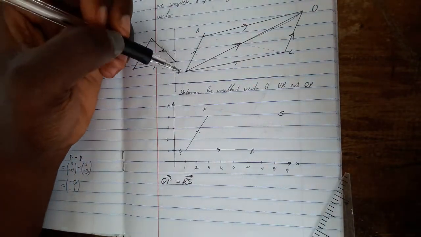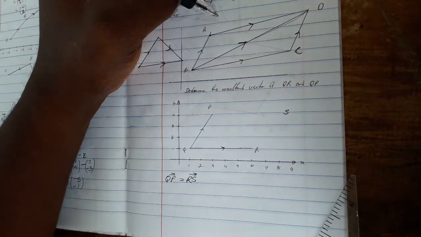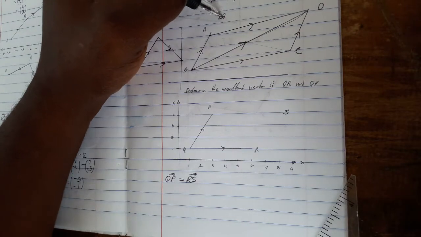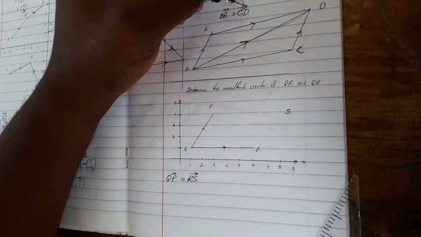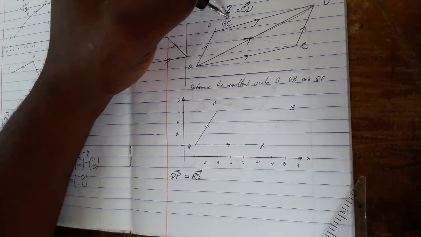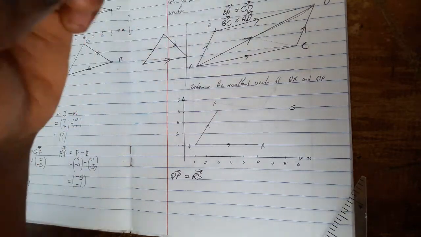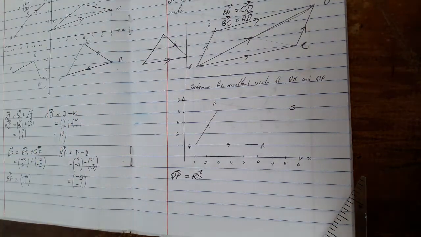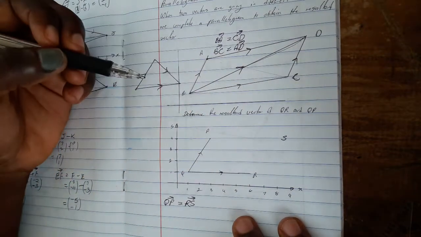So AB or BA must be equal to CD, and BC is equal to AD because they are parallel and they have to be equal in length. They are equal vectors. So this vector here is equal to that vector over there.